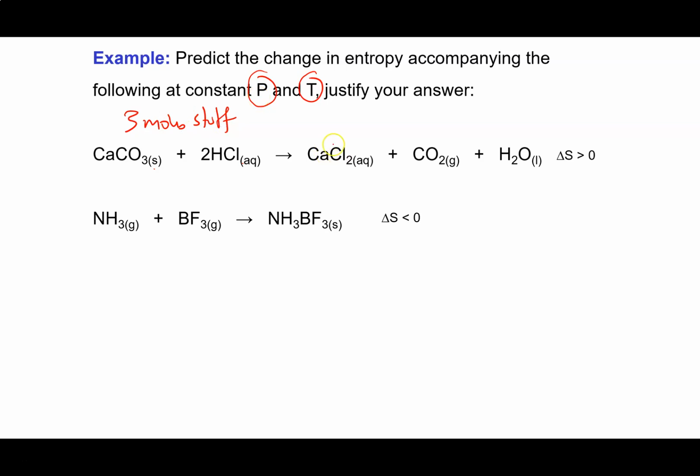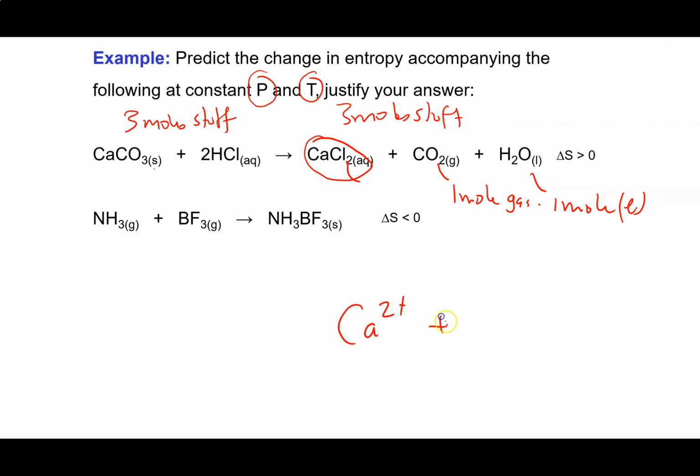And then over here, I've got 3 moles of stuff total, but what's cool is I've got 1 mole of gas, 1 mole of liquid, and an aqueous solution of an ionic compound that's going to separate out into ions. So this is actually like 3 moles of ions in here. So I don't have 3 moles of stuff really, I really have 5 moles of stuff.